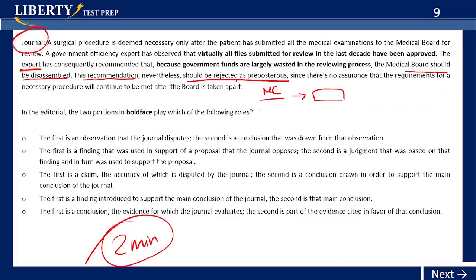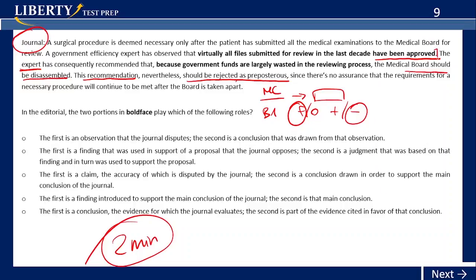Now, steps number 2 and 3. Bold number 1. Is it a fact or an opinion? Virtually all files submitted for review have been, that's something in the past tense. Therefore, it's a fact. And then, positive or negative relationship with the conclusion. Actually, that's kind of a negative relationship. Why?